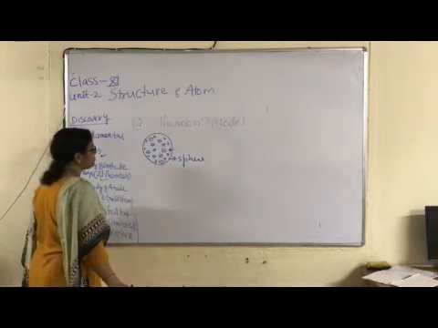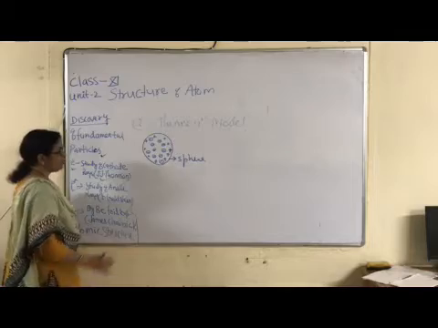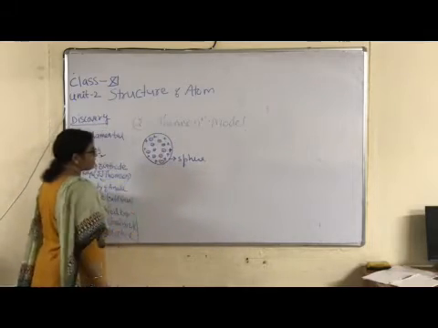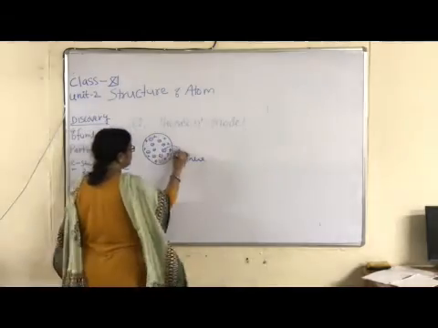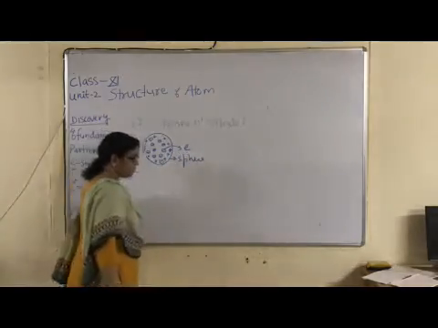According to Thomson, the whole sphere is positively charged and negatively charged electrons are embedded in it, right children?